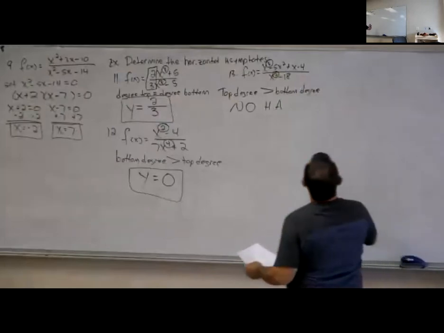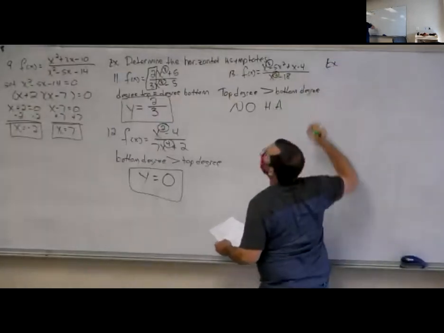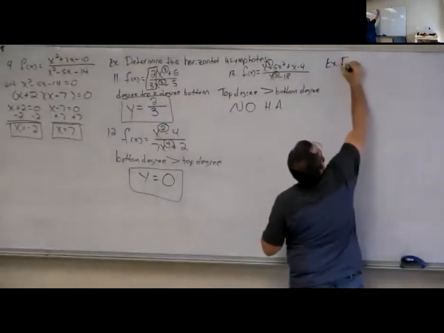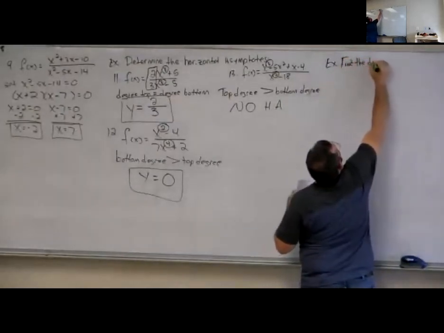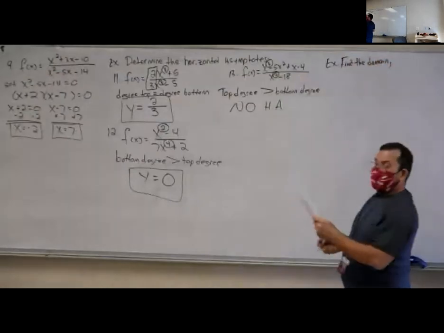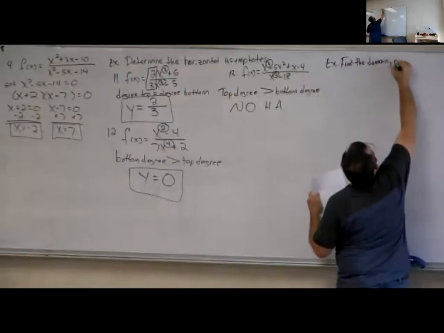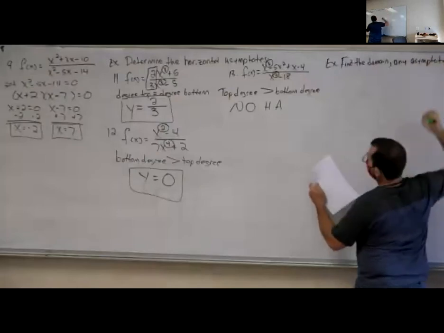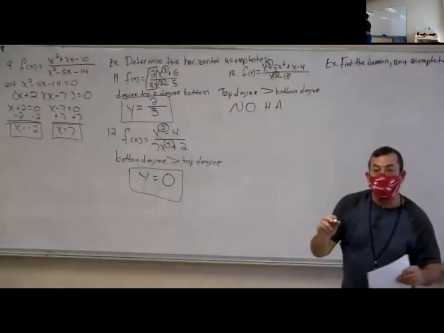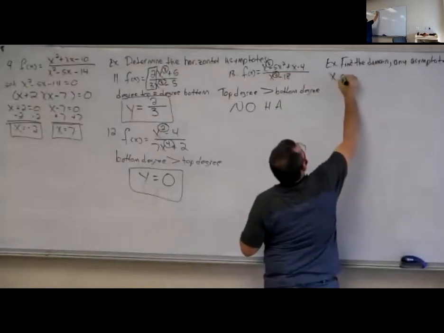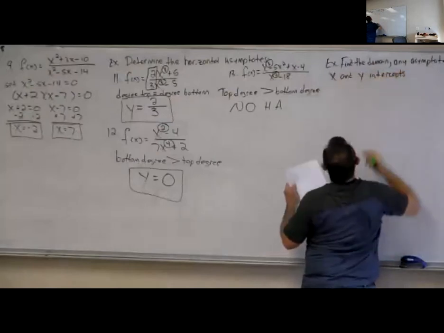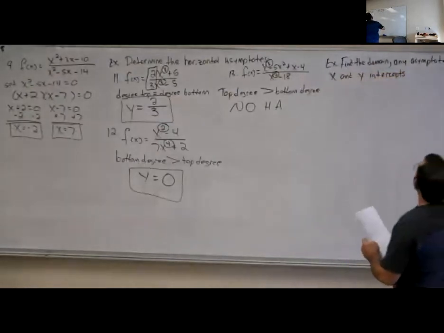So y'all watch this one. There's a lot of info on this. So find the domain, any asymptotes, the x and y intercepts, then graph.